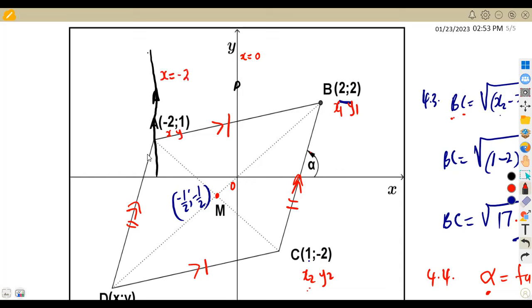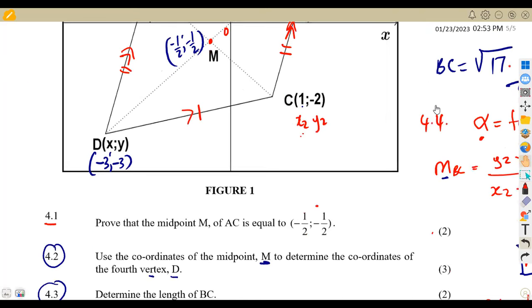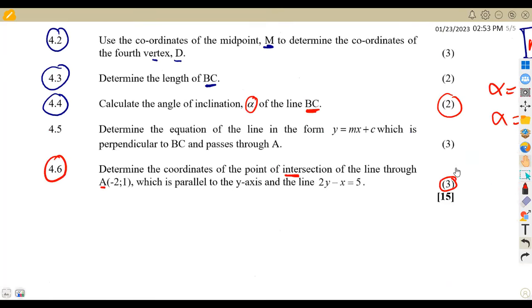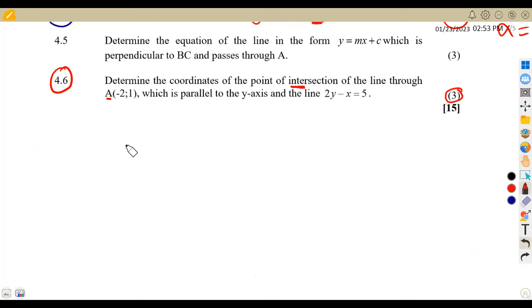That's the equation of the line. If it is parallel to the x-axis, then the equation is supposed to be y is equal to a certain number where it passes through that point. So this one is x is equal to -2. So that's the equation of the line that passes through point A.